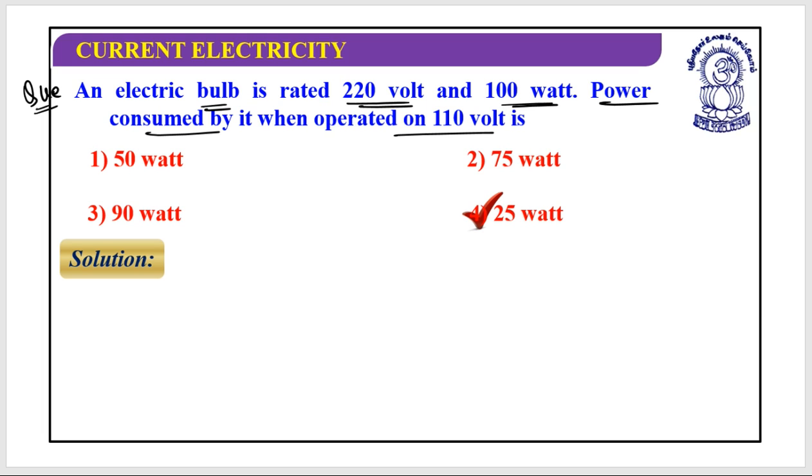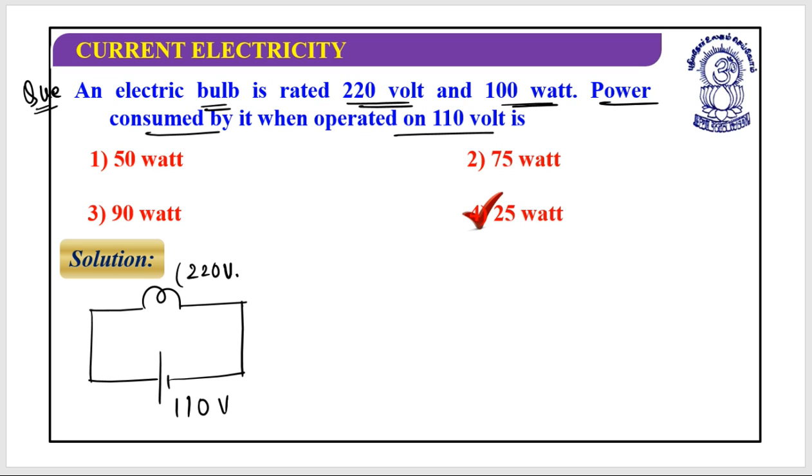The situation is something like this: the bulb of 220 volt and 100 watt is connected to 110 volt. First calculate the resistance.